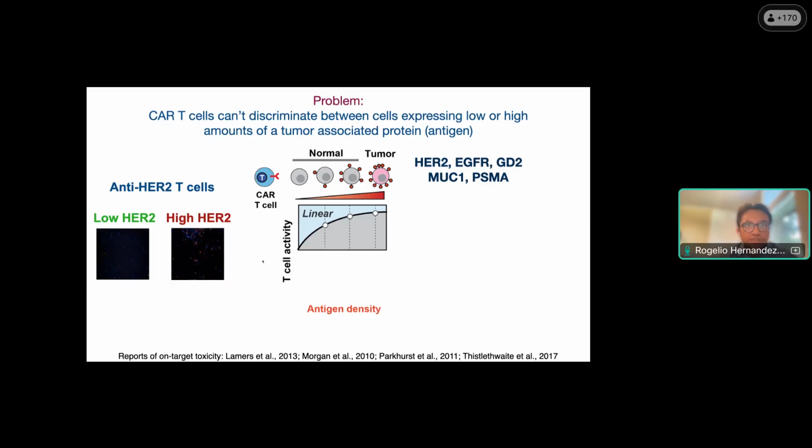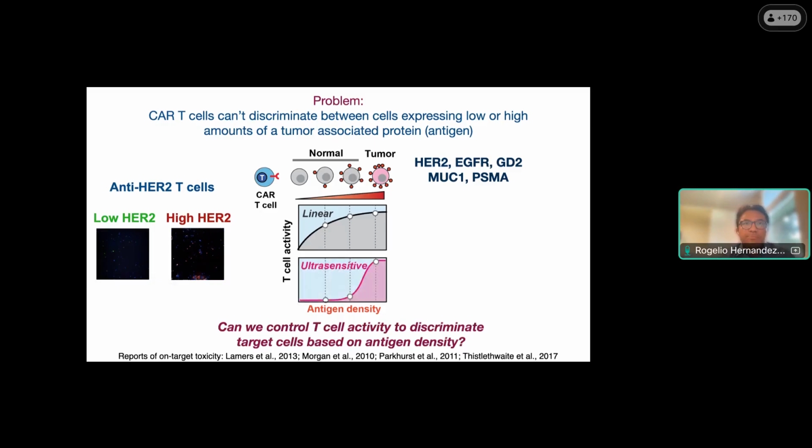So some of the work that I have done over the past few years and that we continue working in my lab is using synthetic biology principles to reshape the function and the activity of these T cells so that they have a sigmoidal response, or what is also called an ultrasensitive response, where the T cells only kill cells that express high abundance of these markers, but remain inactive if they find cells that express the same antigen at lower levels.